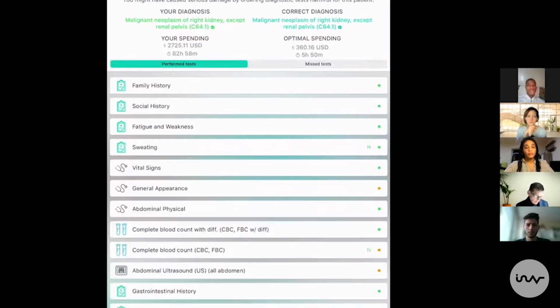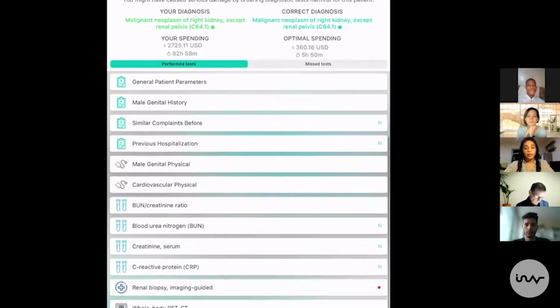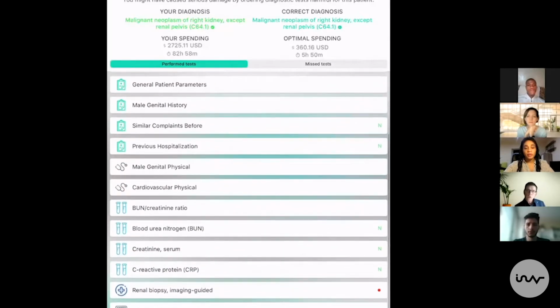So I think that shouldn't be considered, as there's a red point on the renal biopsy. And there is one red point about renal biopsy, which suggests that it's harmful.